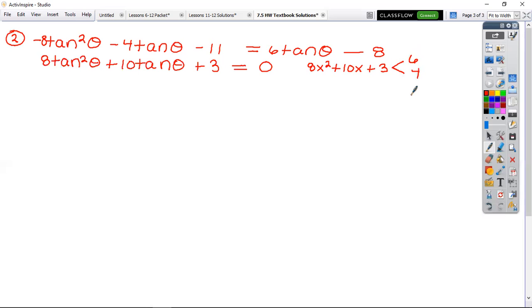Or would it help to flip those? Probably. Yeah, I'm going to flip those. So we're going to go 8 tan squared θ, and I'm going to go plus 4 tan θ first. It doesn't matter, but that might make your GCF easier. Plus 6 tan θ plus 3 equals 0.